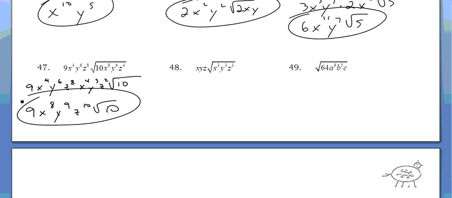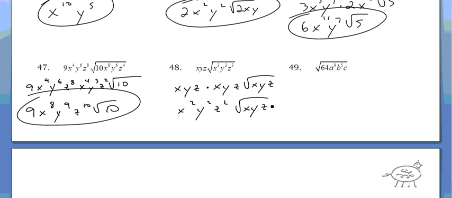Okay. 48, I have x, y, and z. It's a 3, so it's really a 2 divided by 1, so I can pull out basically an x, y, z. And I have left over each one of those because there's an odd number. And if I multiply that, it's x squared, y squared, z squared, square root of x, y, z.